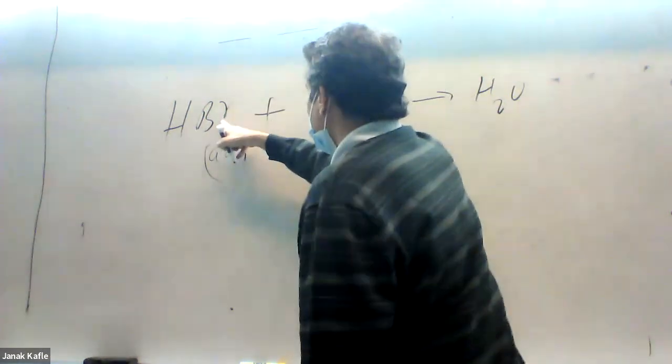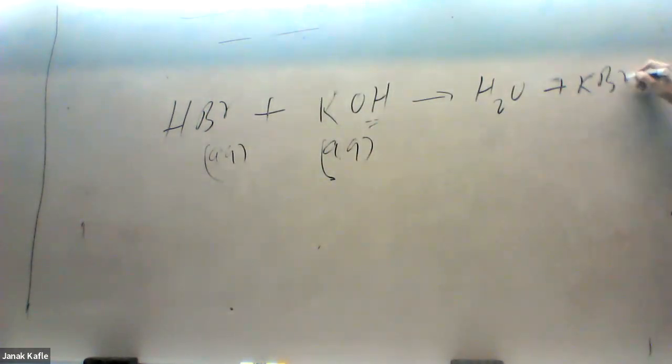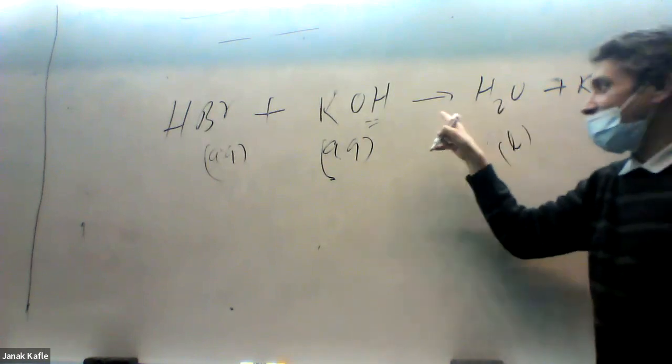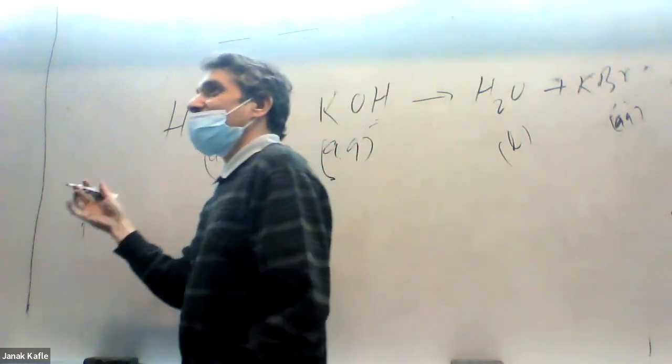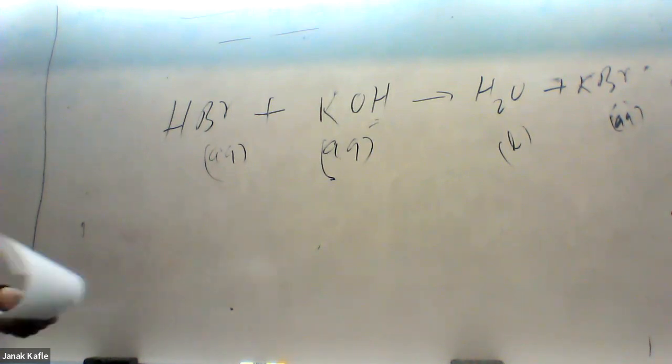This second guy is going to sit with this first guy, so that is KBr. This is AQ, this is liquid water. So this is salt, this is water, this is base, this is acid. I combine acid and base to give salt and water, right? So this is called a neutralization reaction. Everyone got that?